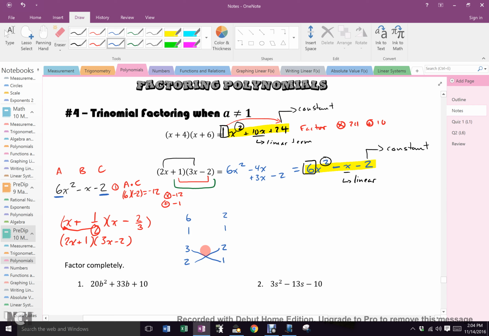Do you understand? So then they have to decide 3 times 1 gets me what? 3. 2 times 2 gets me what? 4. How do I get 4 and 3 to make negative 1? There has to be a minus somewhere, yeah? Where?